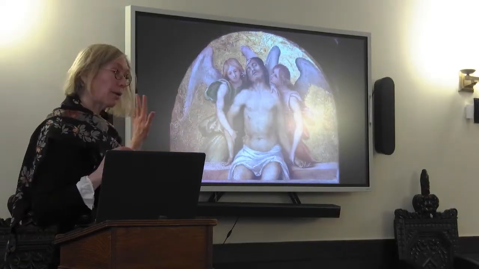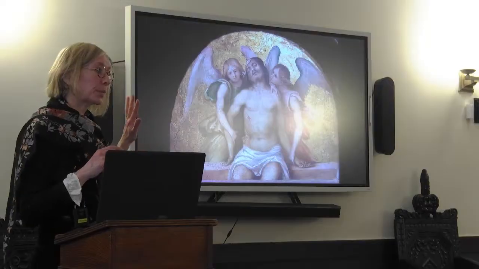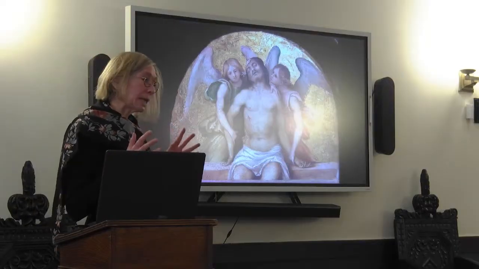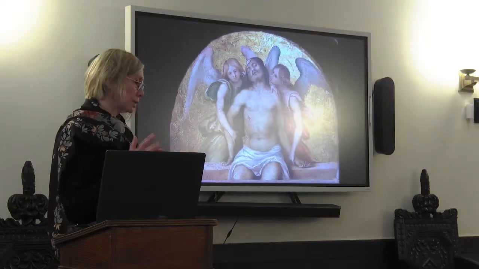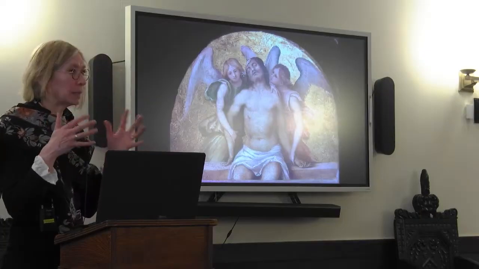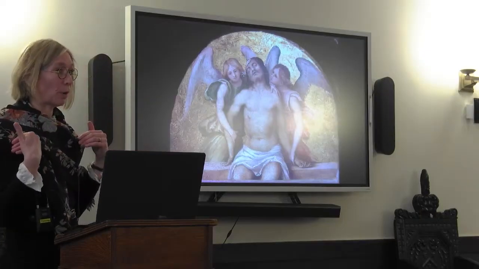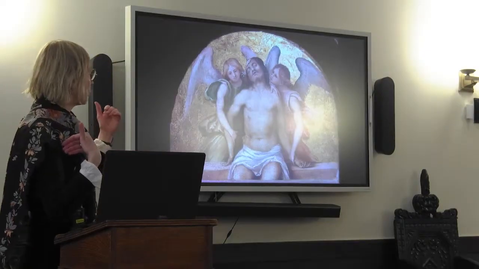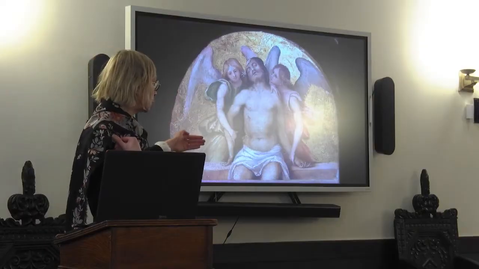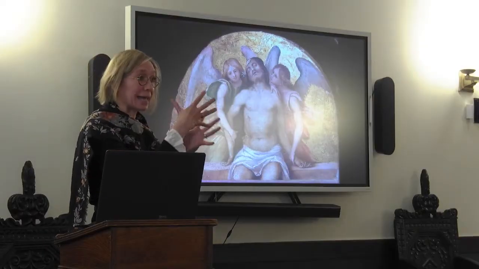So the gold background, which the Bellinis, the family, Jacopo and his two sons, have already been experimenting with and stepping away from, in terms of situating the tomb and Christ into a landscape.